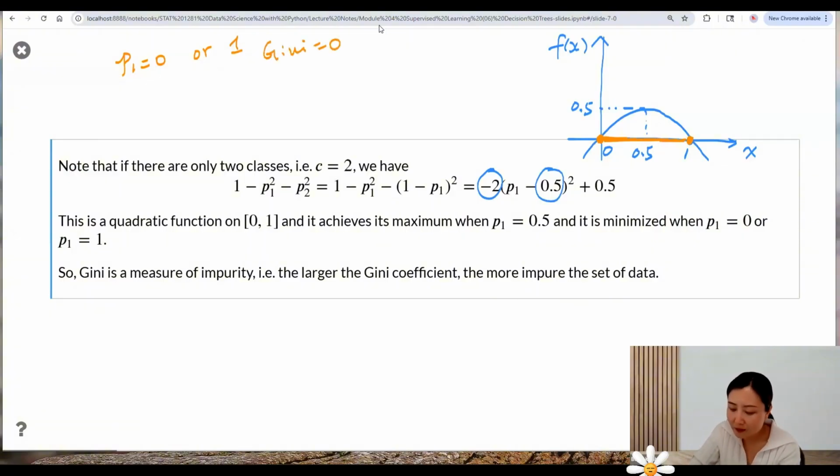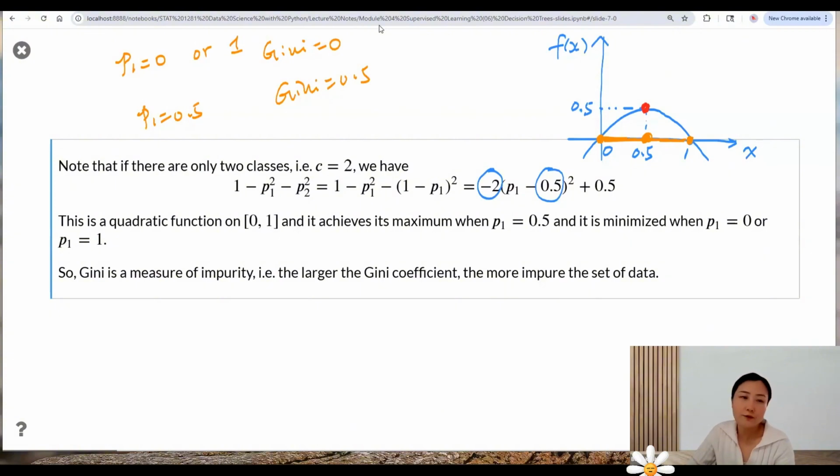On the other hand, when p1 is equal to 0.5, the Gini achieves its maximum of 0.5.